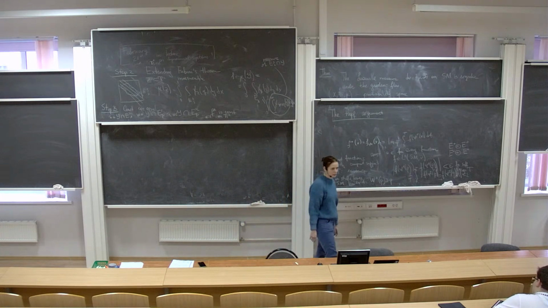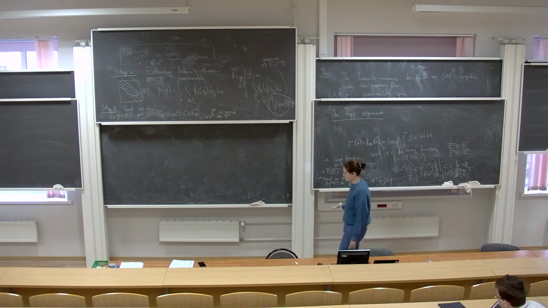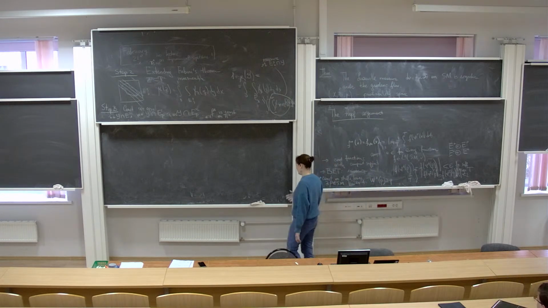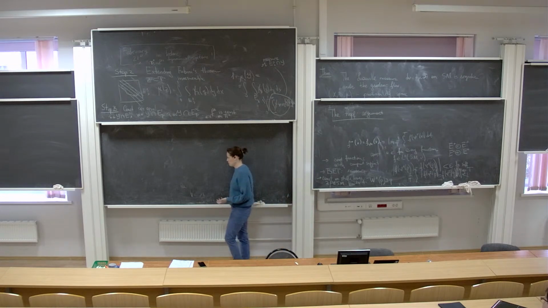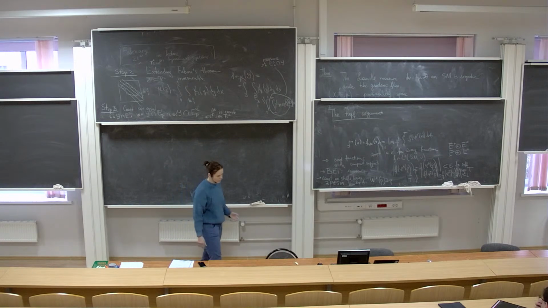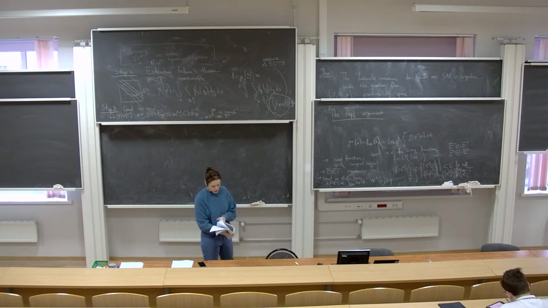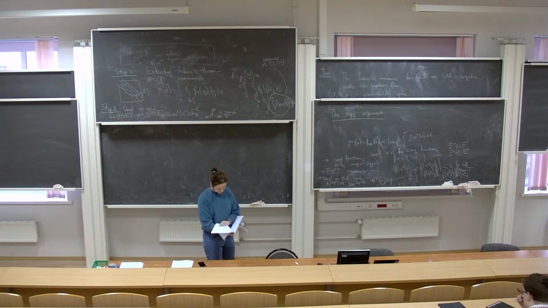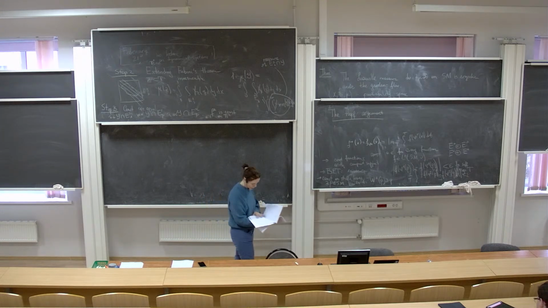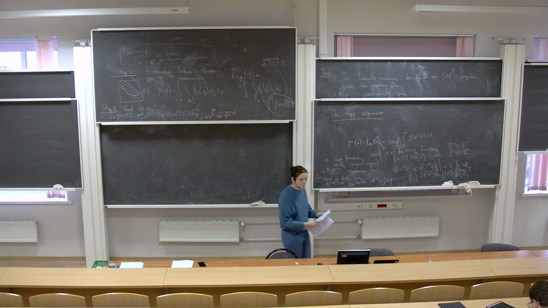Maybe you remember that at the first lecture we discussed the fact that many famous dynamical systems are related with each other, and this relation can be expressed in terms of conjugation. And for example, we discovered that there is a connection between the Gauss map and the continued fractions and the automorphisms of the circle.